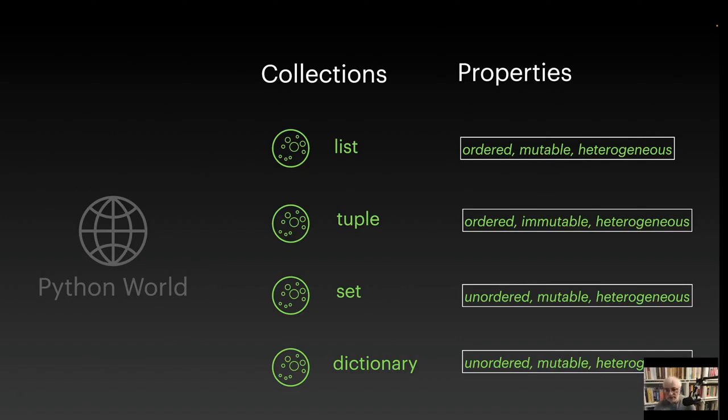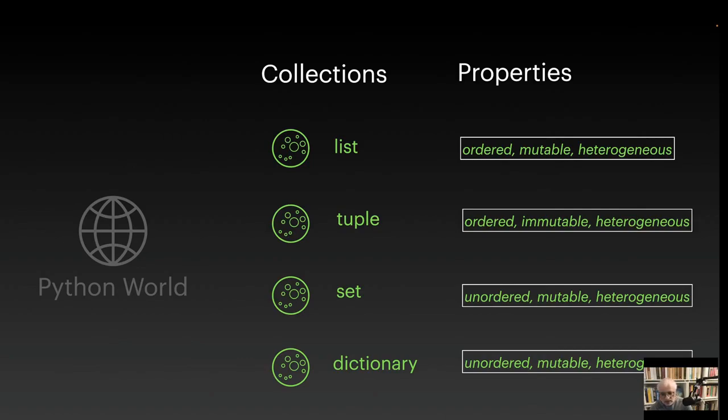Then I've also listed another property. It's going to turn out that it's between heterogeneous and homogeneous. All four of the ones that we're going to look at, which are part of the Python standard library, are heterogeneous, meaning, contrast that with homogeneous, the collection can consist of different data types.